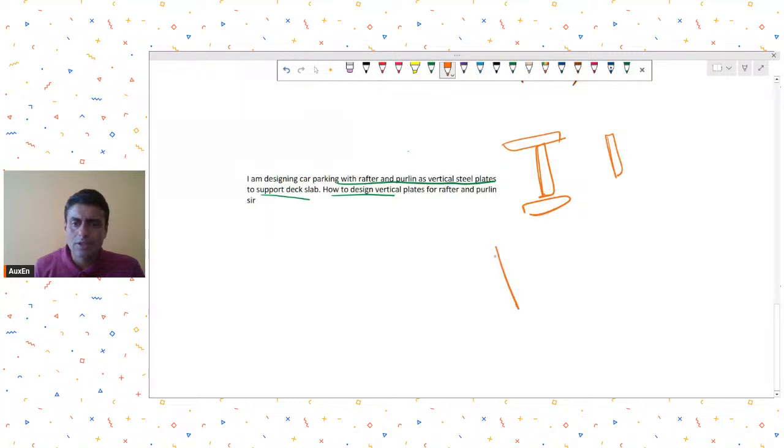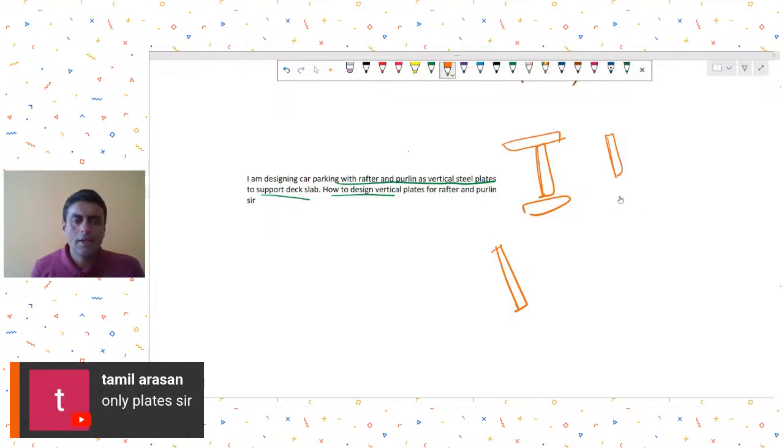There is only this type of web plate thing. Is that what you're saying? Only plates. So there is no separate flange, no separate web. There is only one plate, which is sort of a web plate. Only web portion. Okay.